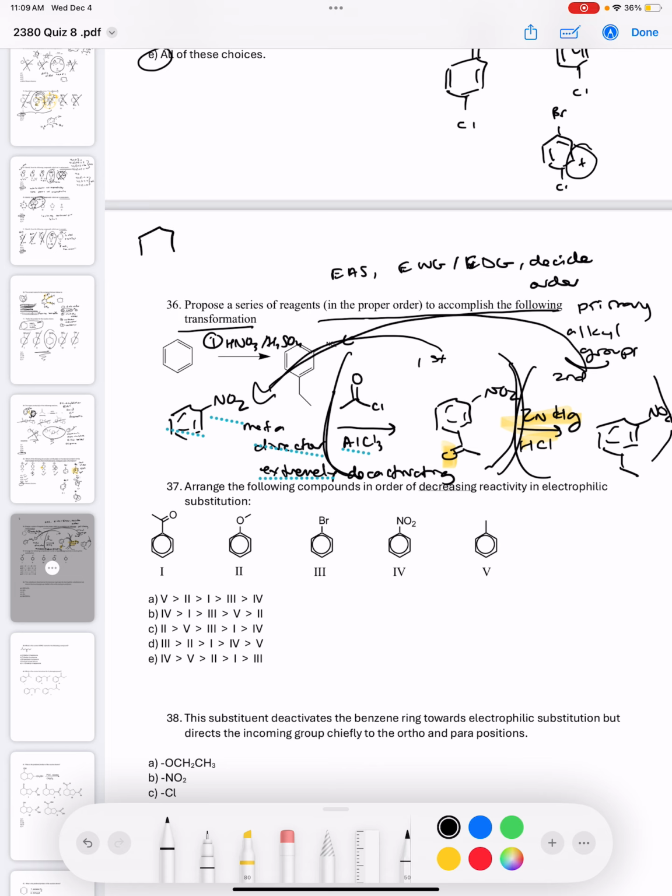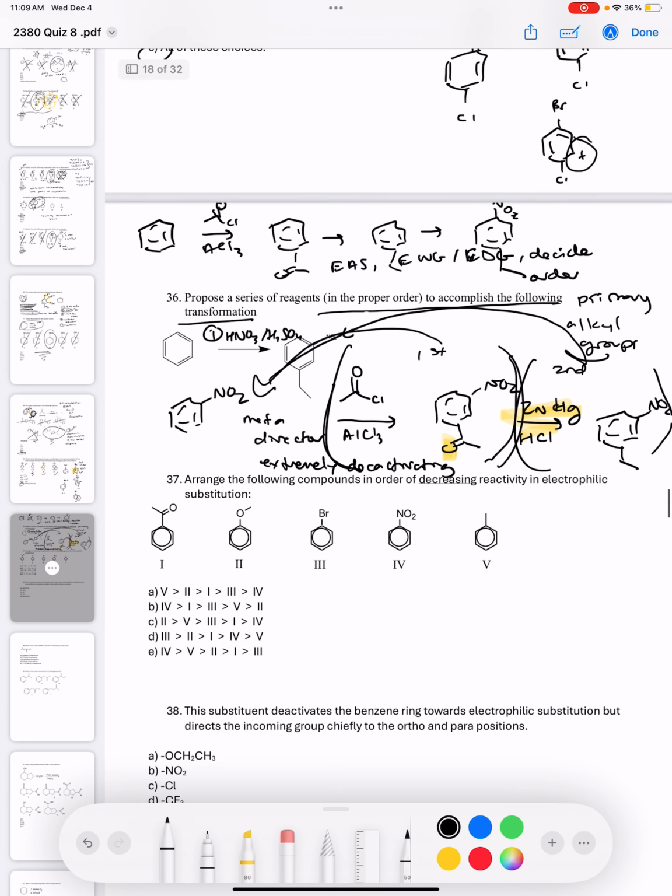So for example, if you did first the Friedel-Crafts acylation, and then you get this, and then you reduce it with the zinc, mercury, whatever, you end up with this, which is now an ortho para director. So then if you did a nitration after that, it would look like this. And that's not what you want. You want them to be meta. So you could insert the nitration here and then do the reduction.